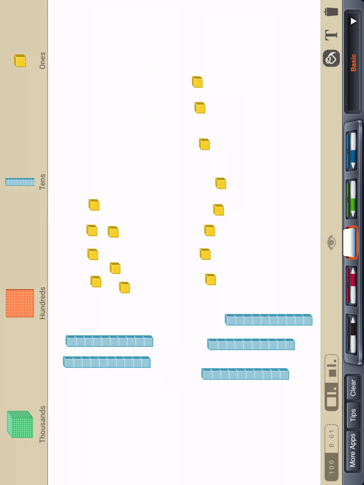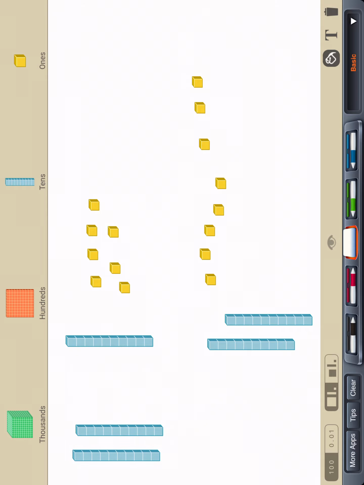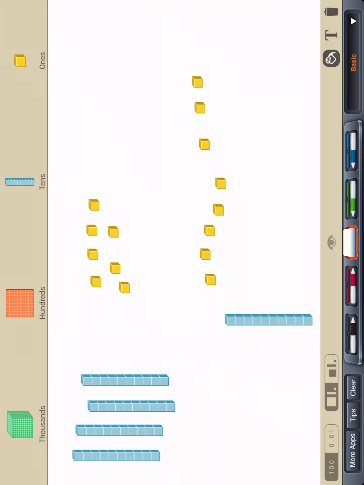So if we want to figure out how much all of that is, we can add the 10 rods, and we can add the 1 rods. Now let's see, we have 1, 2, 3, 4, 5, 6, 7, and 3 more. That will give us 10.